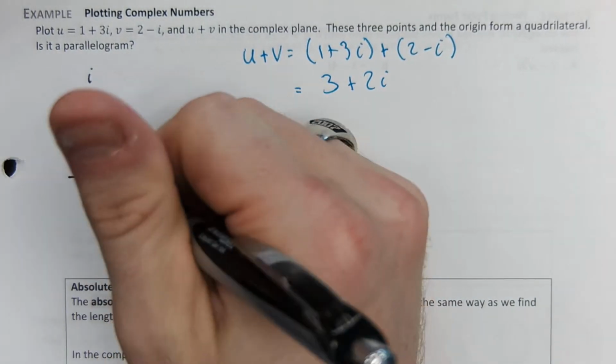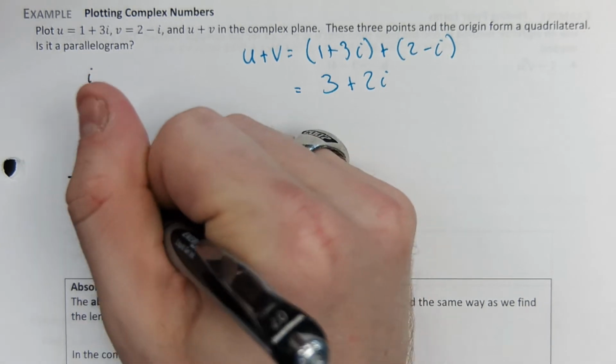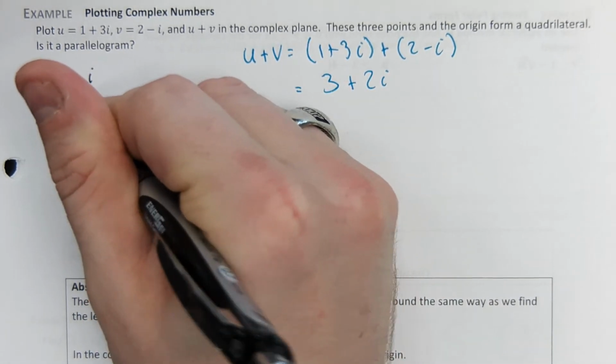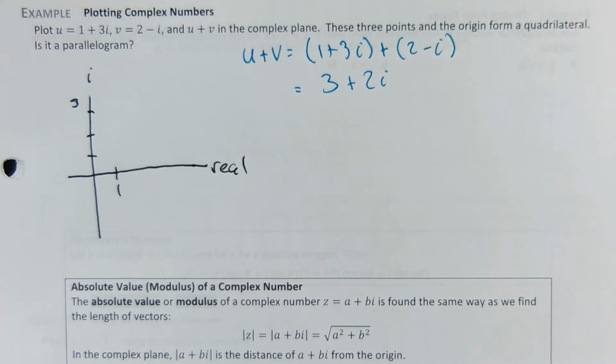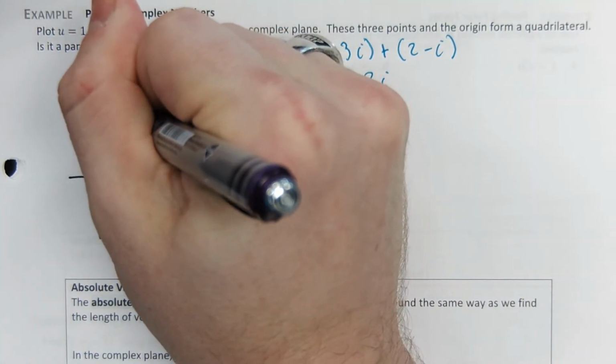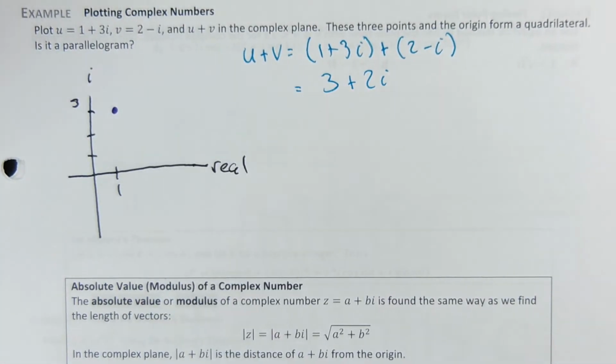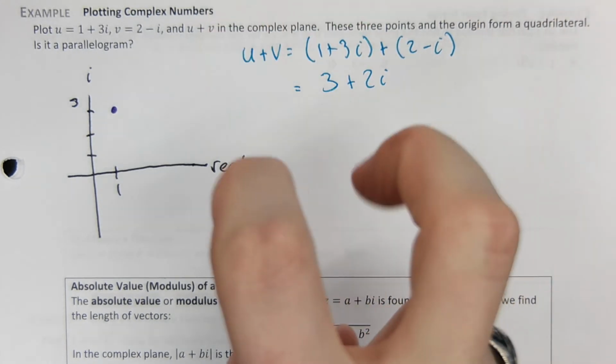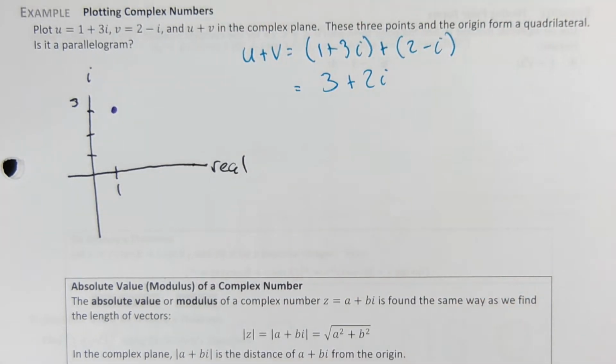We're going to plot point u in the coordinate plane, in the imaginary coordinate plane. 1, 2, 3. 1 plus 3i is right there. You can think of it as 3 imaginary units above the real number system. Okay, i is behaving as the quote-unquote y of a coordinate of an xy pair, but it's the real-imaginary pair.